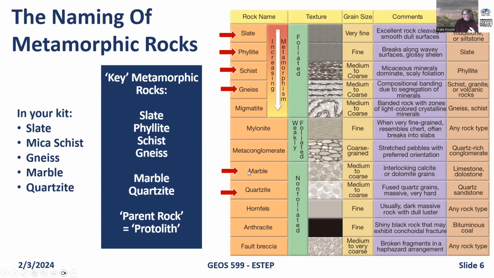And the reason for that is, let's just move over to the right. The marble is made up of limestone, or maybe dolostone, and the quartzite is derived from a quartz sandstone. So they started out being just one mineral.